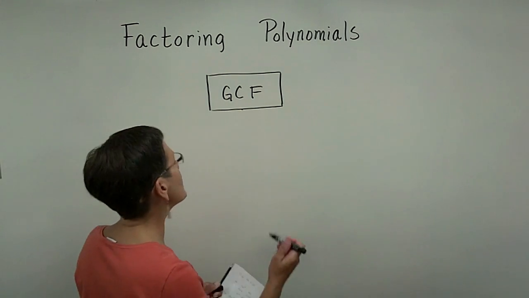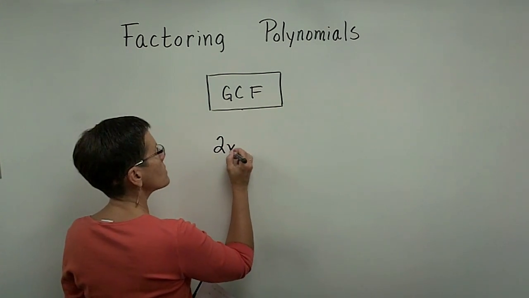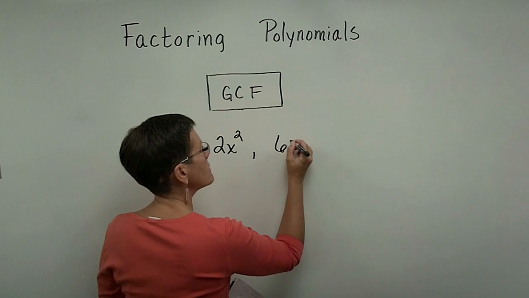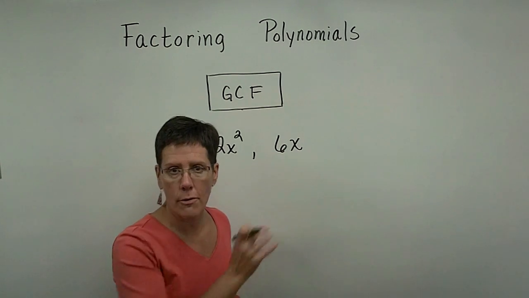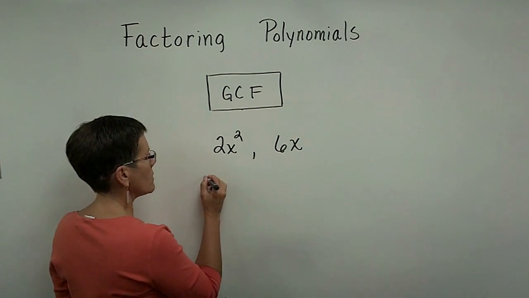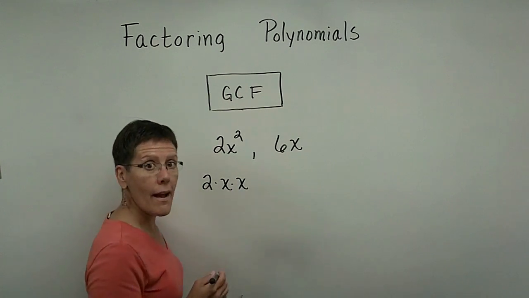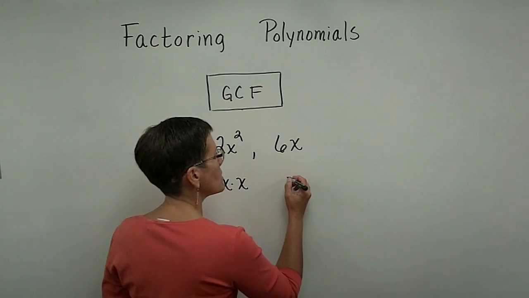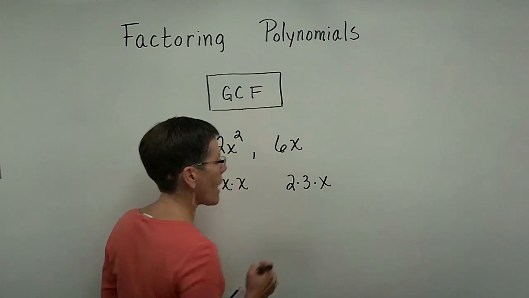First of all, I might just give you a couple of terms, for example, 2x squared and 6x, and I might ask you what the greatest common factor is of both of those monomials. The way you would think through this is that you think of 2x squared as 2 times x times x, and you think of the number 6 as 2 times 3, and then of course we have that factor of x.